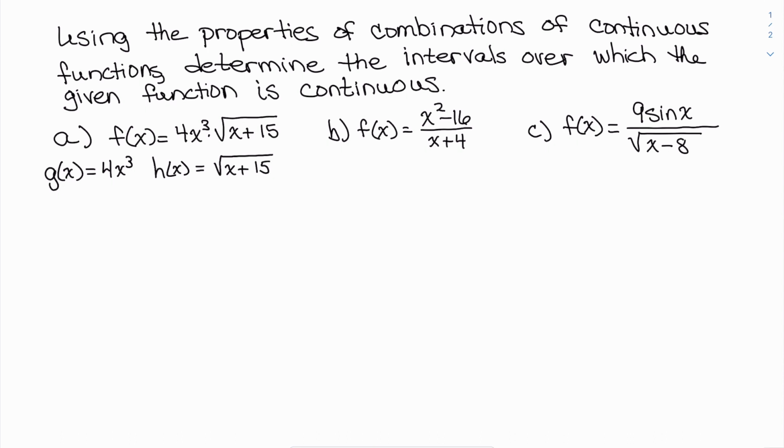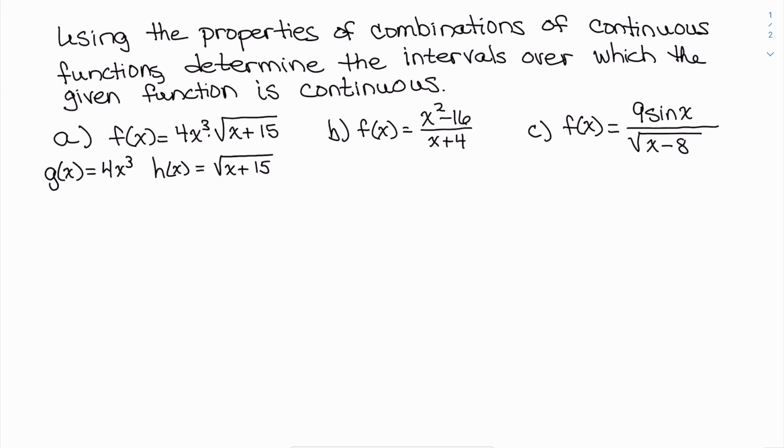Now these two functions are multiplied together, as I said, so we want to look at the interval for which each of these are individually continuous, and then the product of those two will be continuous over those values of x that meet both conditions.